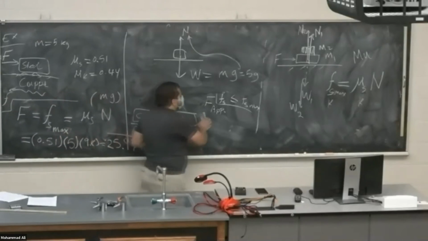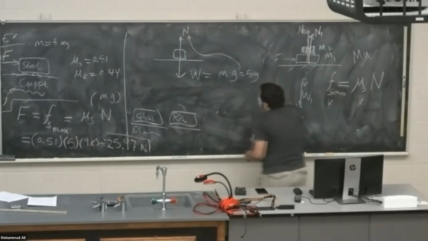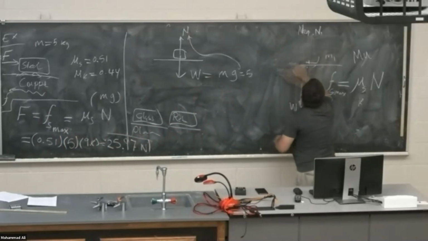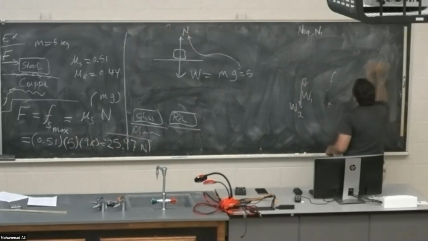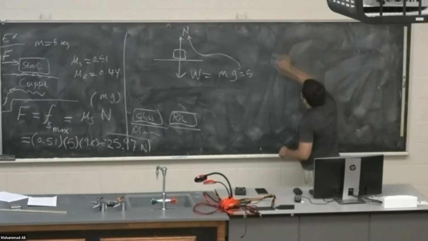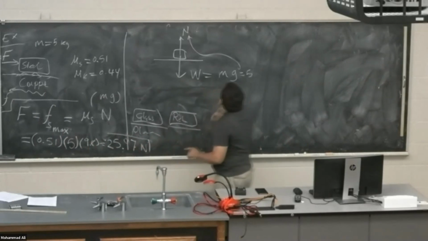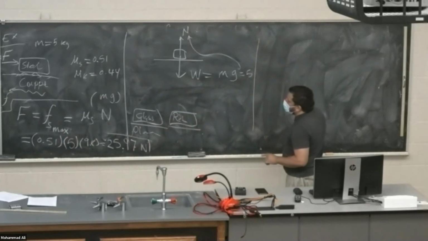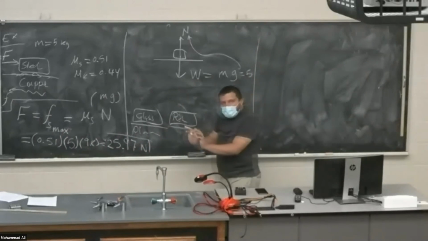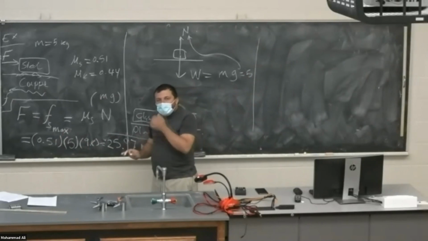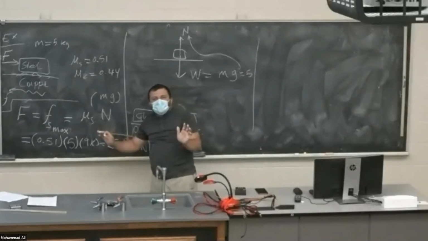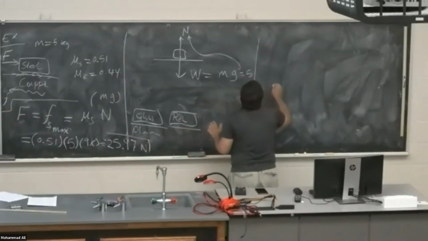What if I ask you to give me another force, a force to keep the motion of this object at constant velocity? Constant velocity means the acceleration is equal to 0. Now the object starts moving, but I need to continue moving without acceleration.